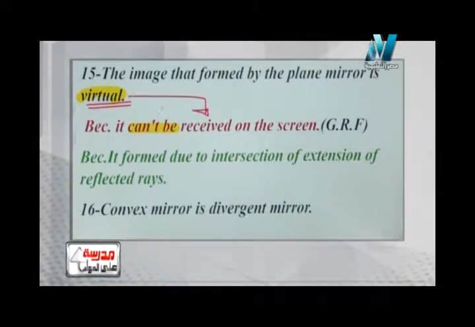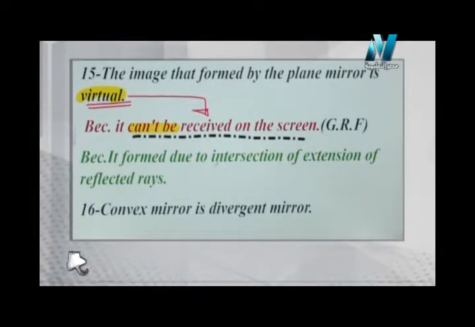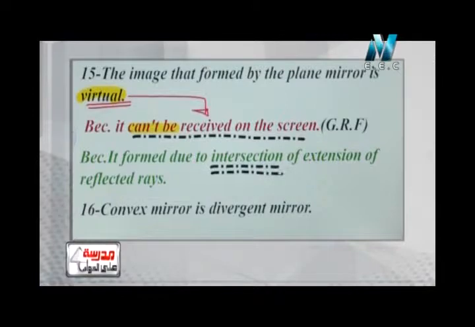So we should pay attention. If they ask me to give reason why it can't be received on the screen, I say this image is formed due to intersection, which means crossing, of extension of reflected ray. Why do we use reflected ray?